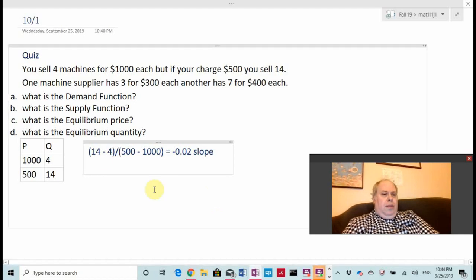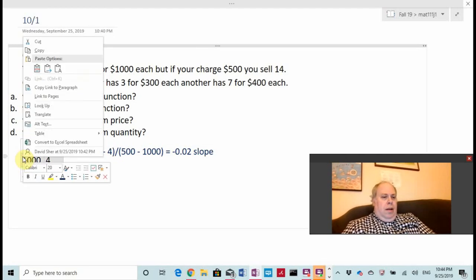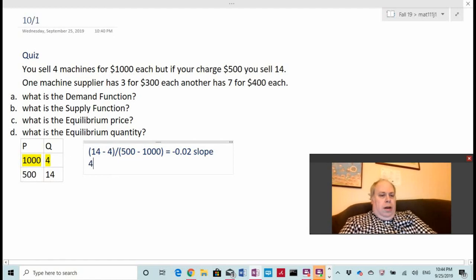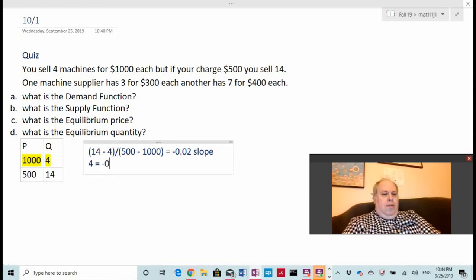Now, I'm going to use this point because the numbers are easier to work with. So I'll highlight those. I'm going to use 4 equals negative 0.02 times 1,000 plus the intercept. Slope should be negative, intercept should be positive.